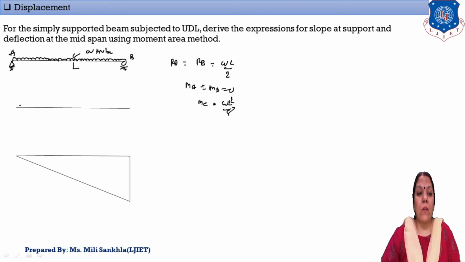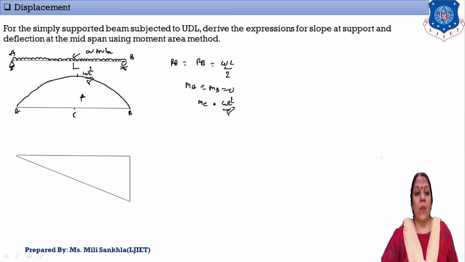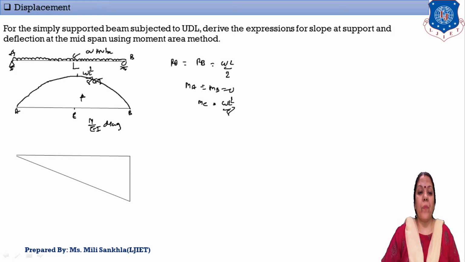The moment diagram of this simply supported beam is an outward parabola. This is point A, this is B, and this intermediate point is C, and the moment here is WL square by 8 EI. This diagram is our M upon EI diagram.